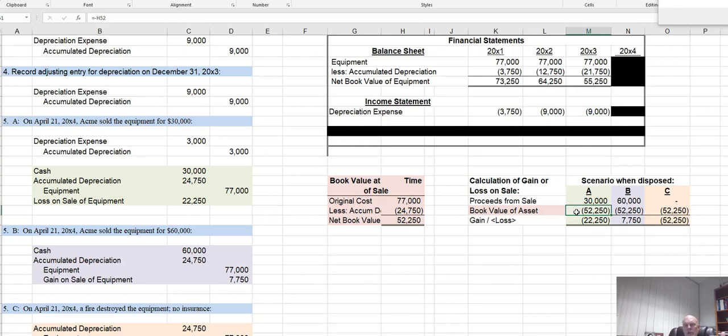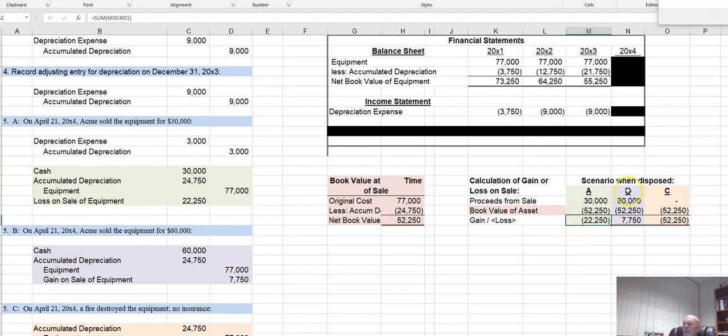When you sell it for less than book value, that would be a loss. Take the proceeds from the sale, subtract the book value, that gives us a loss of $22,250, and that would be a debit to the loss on the sale of equipment. So in the green here, that's the example of selling it for $30,000. Less than book value, so we had a loss.